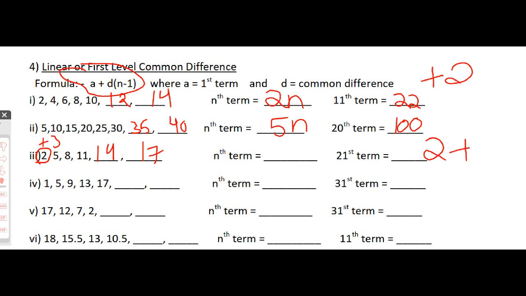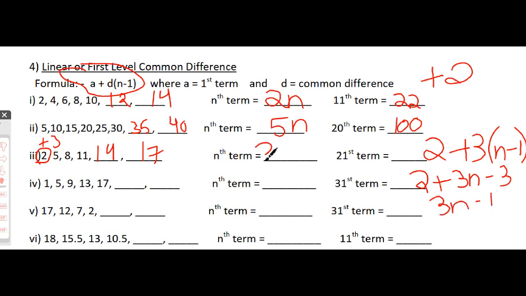It's 3, because we're adding plus 3 to every number. So 3 times n minus 1. Now you're supposed to simplify this. This becomes 2 plus 3n minus 3, which becomes 3n minus 1. So this is the nth term for this one, 3n minus 1. You may, let me just remove the rest.